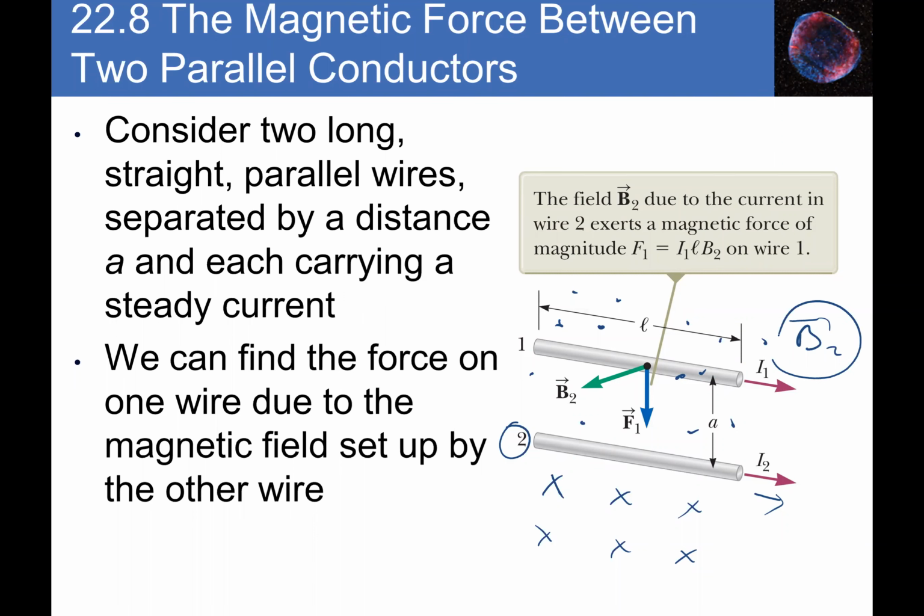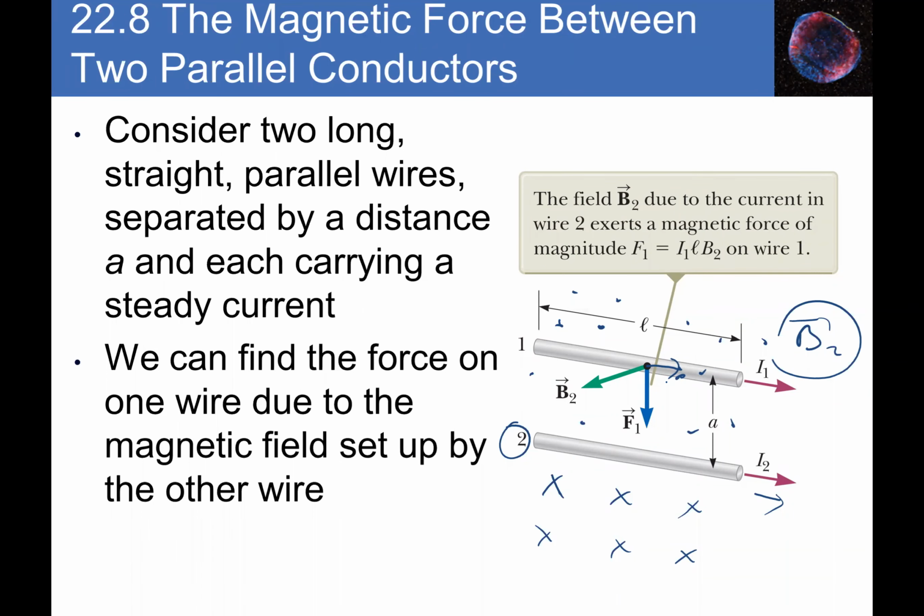As soon as I have a current running through wire 1, there's a force acting on wire 1, because wire 1 is in the external magnetic field generated by wire 2. If you have a current that is perpendicular to the magnetic field, or at least not parallel to it, there's going to be a force acting on it.